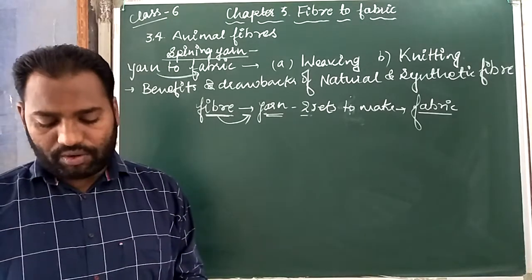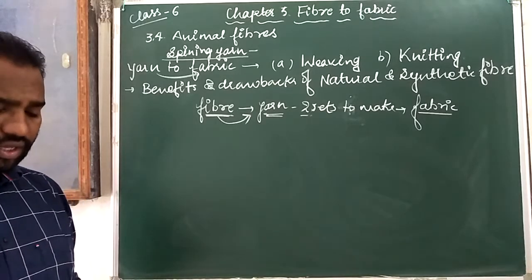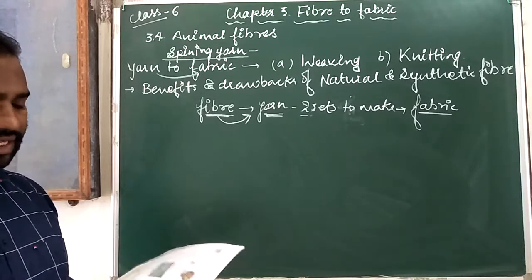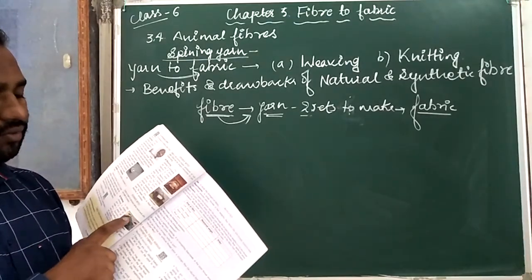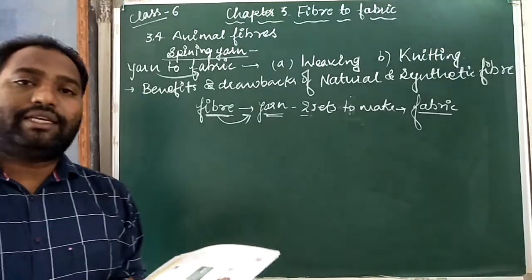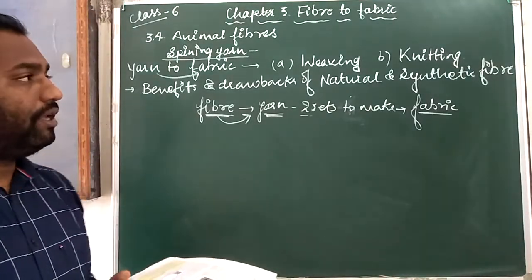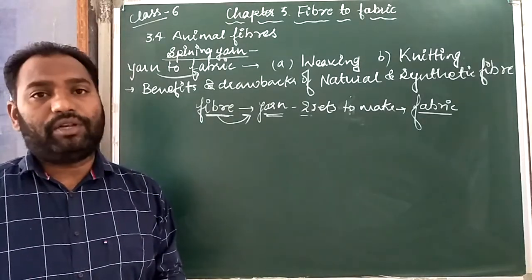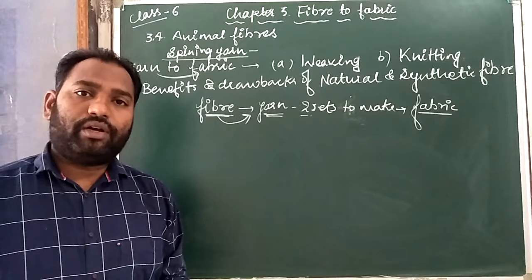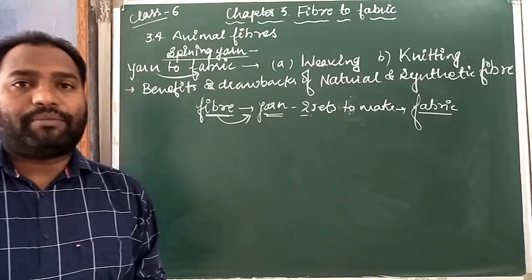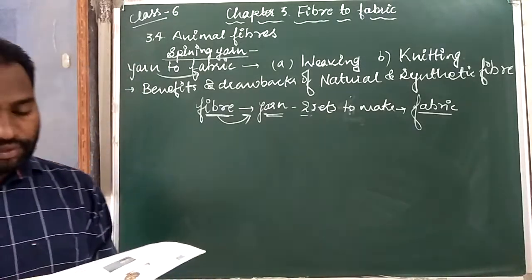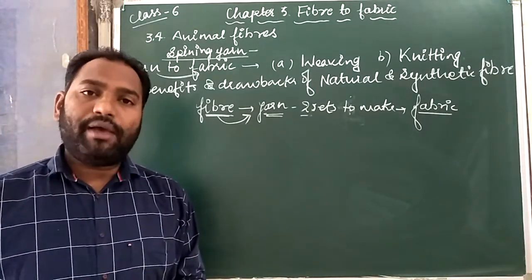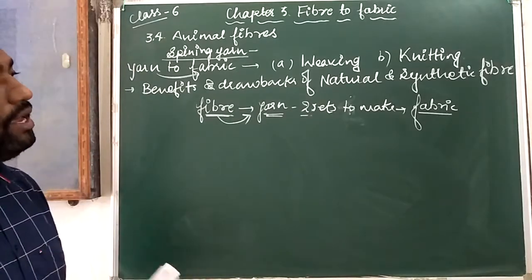In this diagram, you can easily see how knitting is done. You have seen in winter days, women at home making sweaters and woolen clothes for small children or adults. They use the process of knitting. Knitting is done by hand and also by machines.